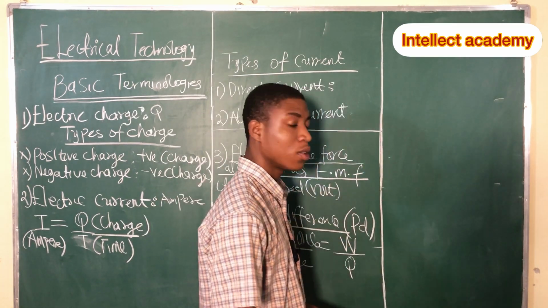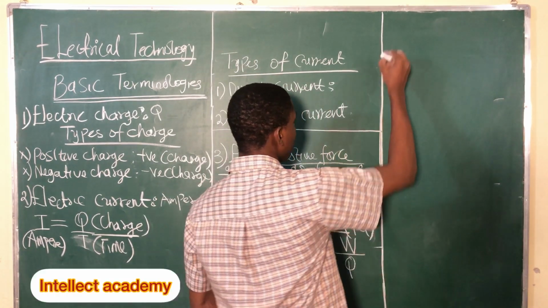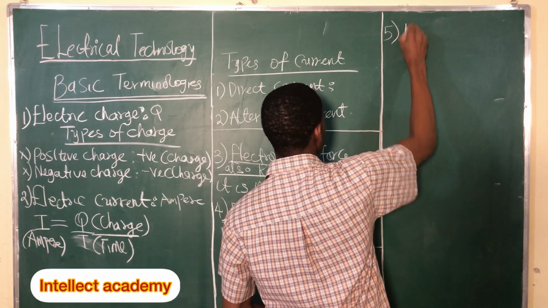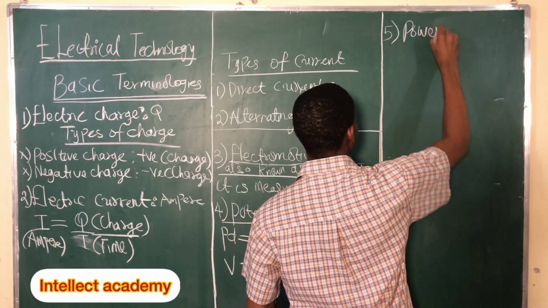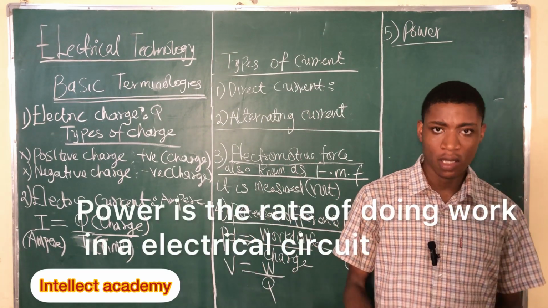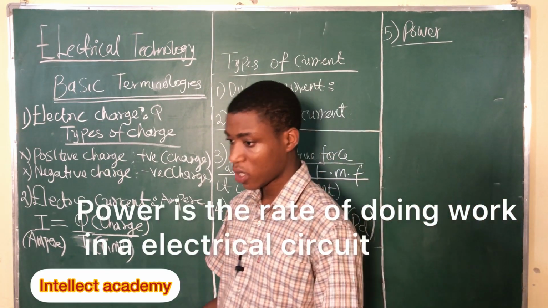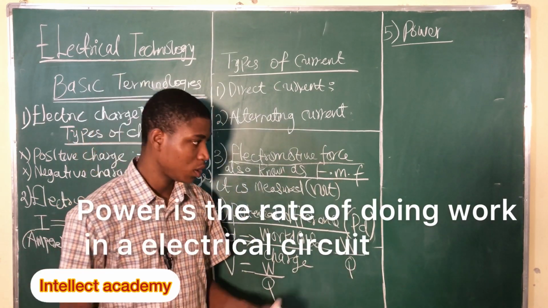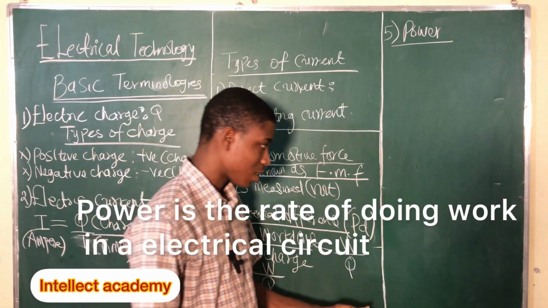The fifth terminology you're going to notice is power. We are talking about electrical power. Electrical power is the rate at which work is done in an electrical circuit.